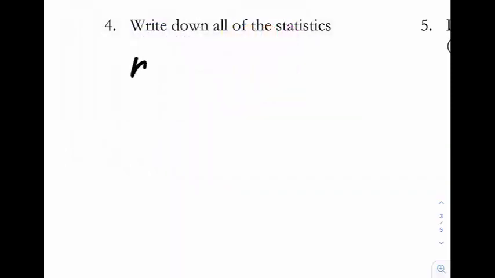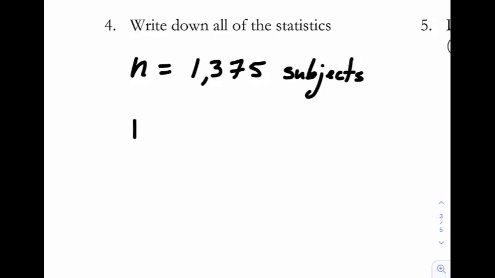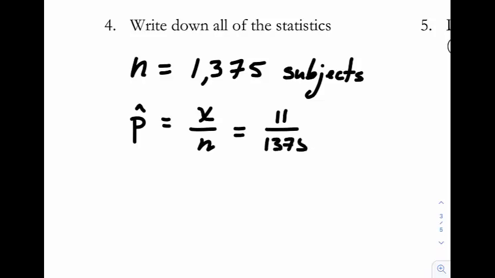Let's write down the statistics to the problem for step number 4. The sample size is equal to 1,375 subjects. p hat is x over n, which we know is 11 of those.